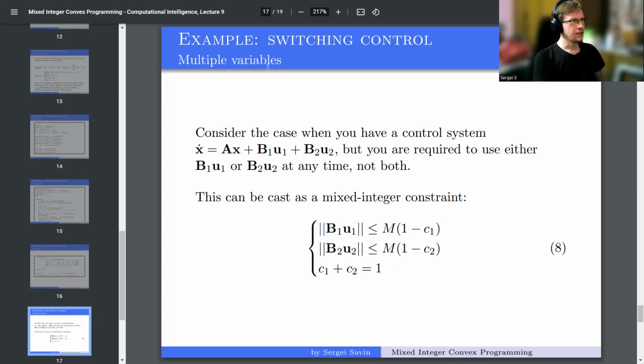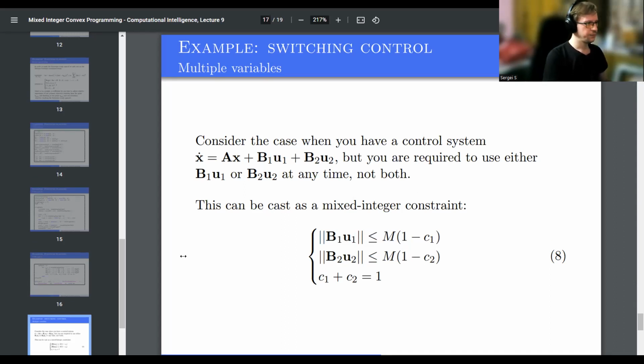this type of situation. For general equality constraint, let's say you want equality constraint of this type. Ax equal to y. You want this equality constraint to be relaxed. How do you relax it? Well, you do it this way. Norm of Ax minus y less than or equal to M times 1 minus c.